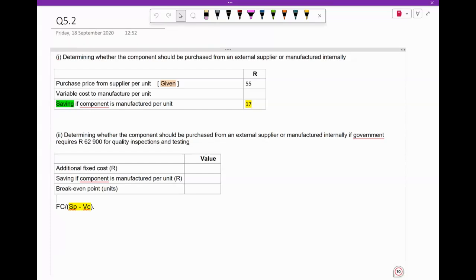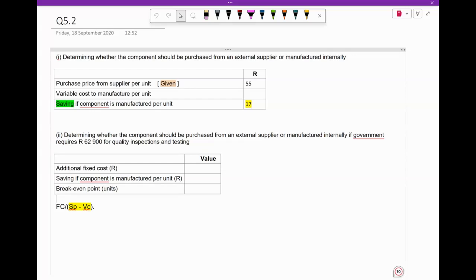Bucks and J Ltd produces a component that it uses to manufacture a final product. So here we're discussing only a component, that is used to manufacture a whole product. It's just a piece of your final product.